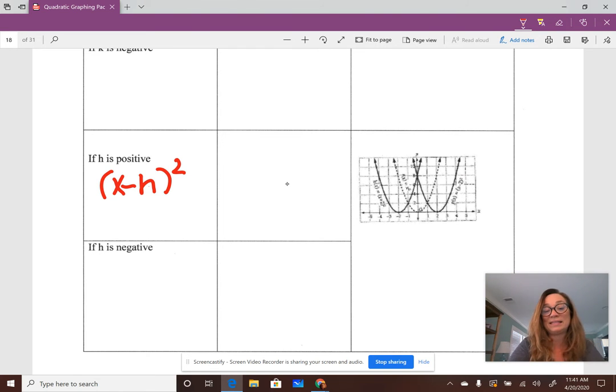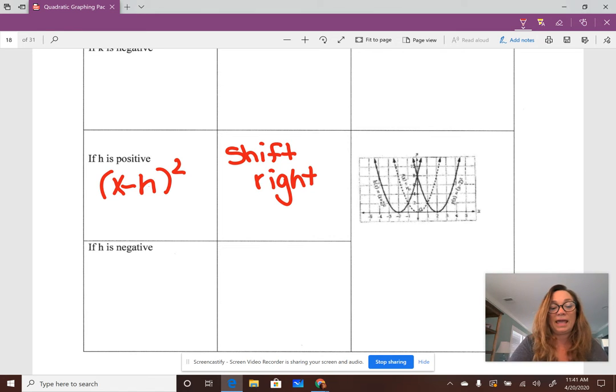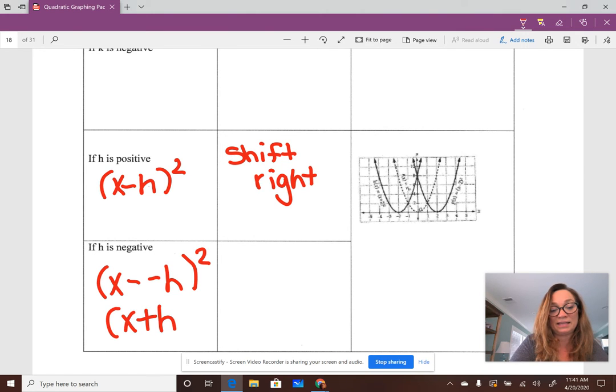So really, in this case, the h is positive. So that's going to be a shift to the right. And again, remember that when h is negative, it really looks like this, and that's going to be a shift left.